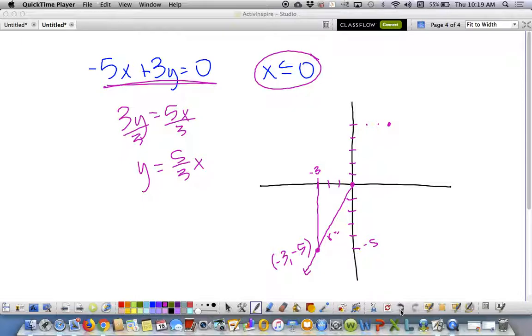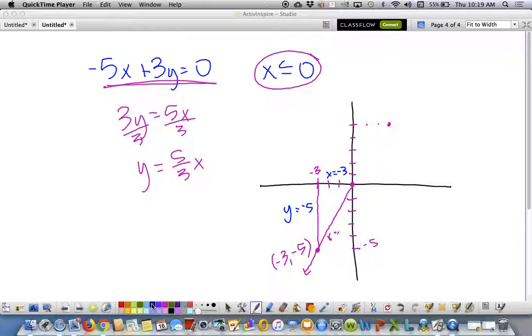And this one is not going to work out nice and pretty. You might start to think, oh, it's a 3, 4, 5, but it's not because the y is 5 and the x is -3, so your hypotenuse has to be bigger. It's something like the square root of 34.